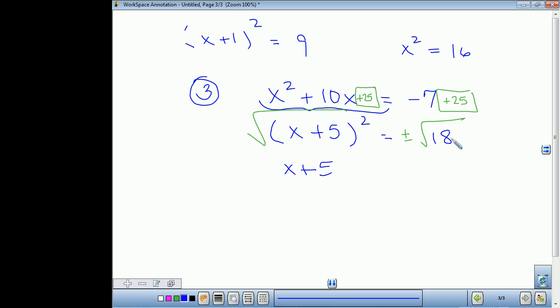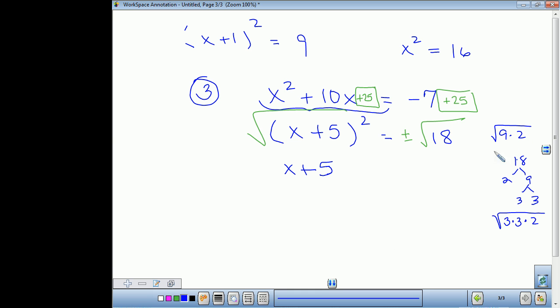And just like yesterday, sometimes we have to simplify our radical. So you may be able to think of 18 as 9 times 2. You may need to take 18 and break it into the factor tree like this. And if you like it better like this, where you have to think, oh, it's a square root, so I need 2 of them to bring it out, that's fine.